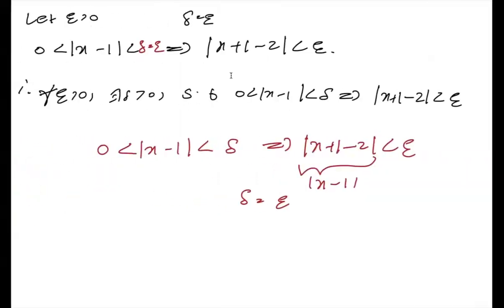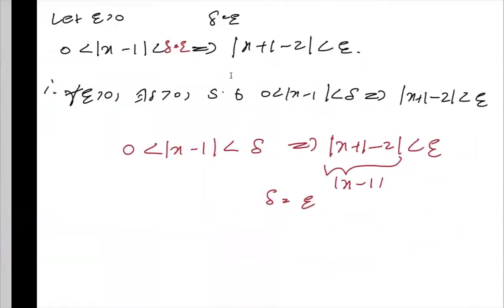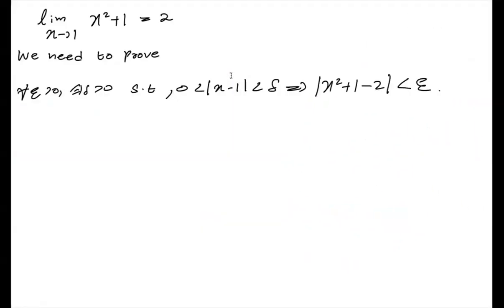in here also these are just rough work. I really have to find some delta where x squared minus 1 is less than epsilon. I just simplify this.